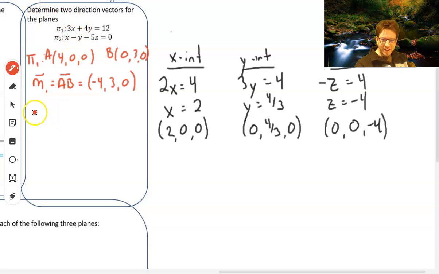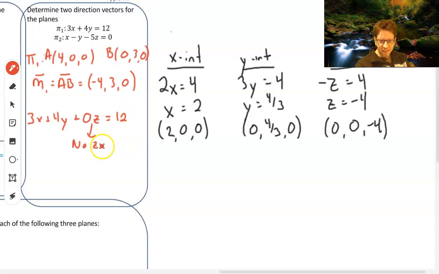So let me rewrite that equation. So we have 3x plus 4y. I want you to imagine the z term there, but it has a coefficient of 0. What that means is that there is no z-intercept. I mean, try and figure it out. If you set x and y equal to 0, you can't solve for z. 0z equals 12.